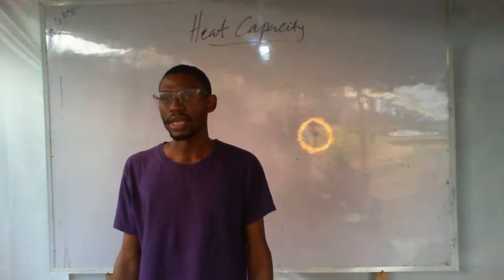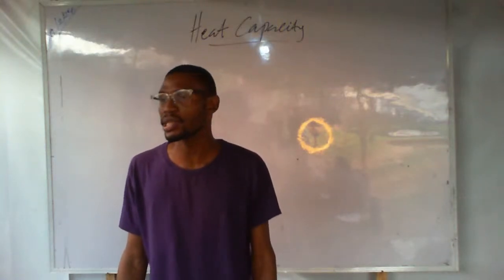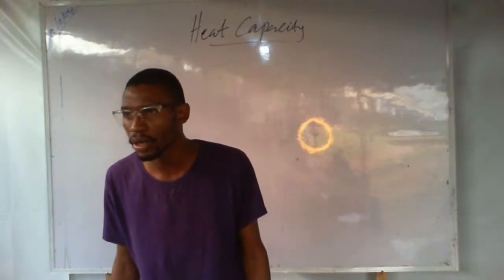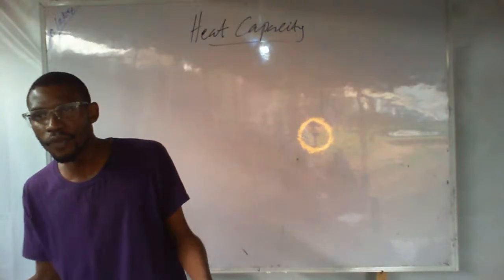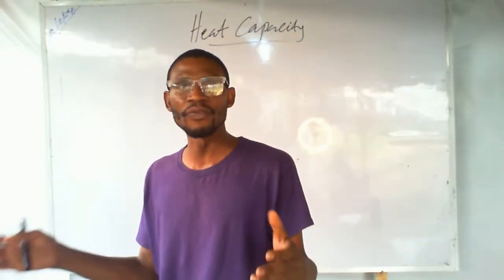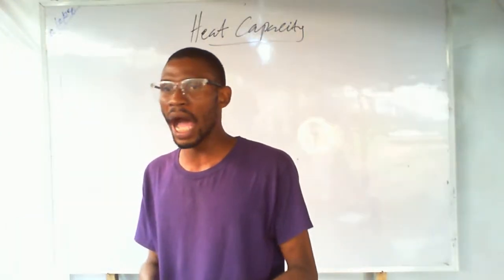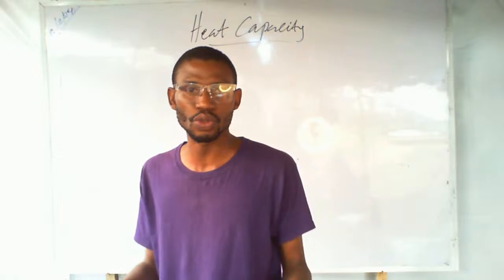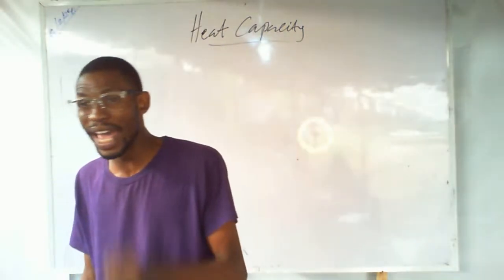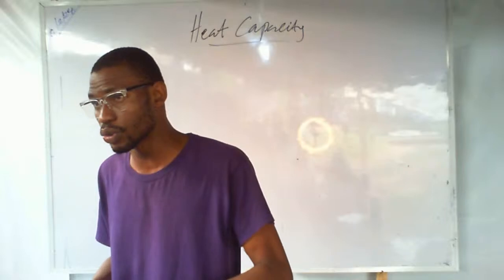Energy is defined as the capacity to do work or the tendency to do work. Now, there are different forms of energy, and these different forms explain how energy can be used to do work. For example, we have what we call electrical energy. True or false?